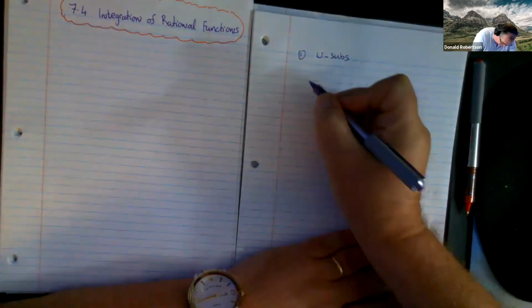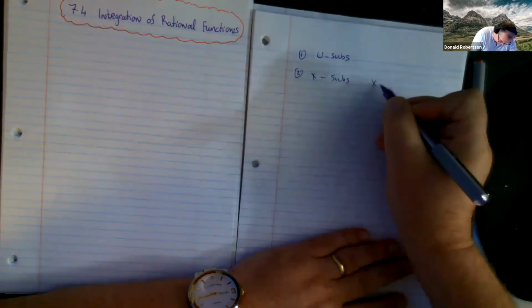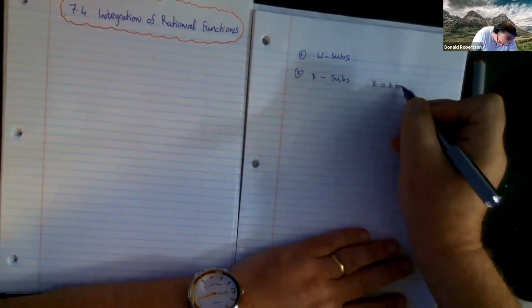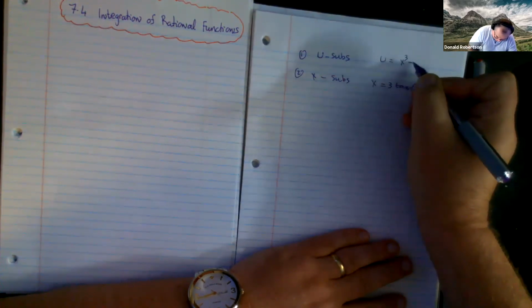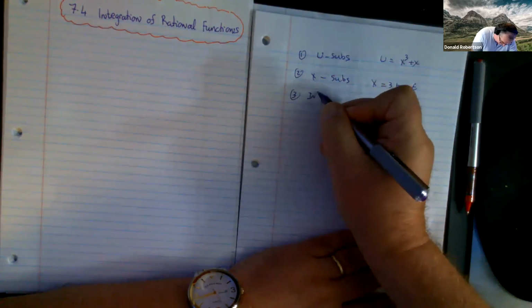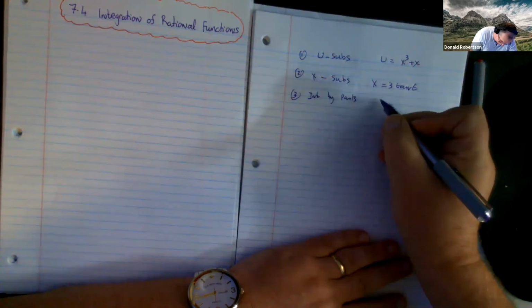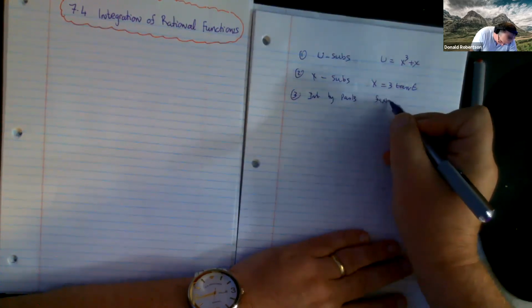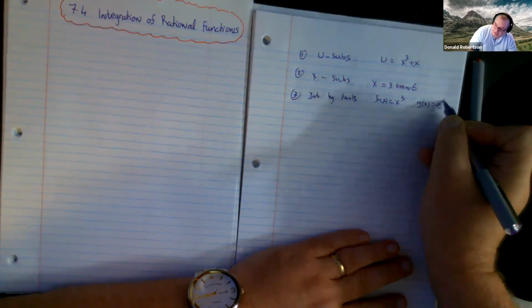We've got X subs, like X equals 3 tan theta, those kind of things. U subs like, X cubed plus X. We have integration by parts. Wouldn't that be things like f of x is x cubed and g of x is e to 2x?